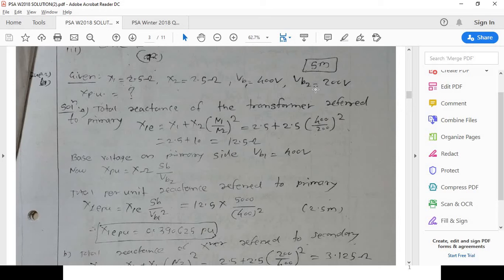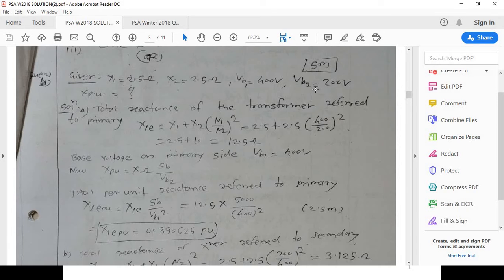So the total reactance of the transformer referred to the primary is given by X1E is equal to X1 plus X2 into N1 by N2 bracket square. So what is the meaning of X1E? It is 1 for primary side, E for equivalent reactance and X for reactance. That means it is the equivalent reactance on the primary side of the transformer, which is denoted by X1E.